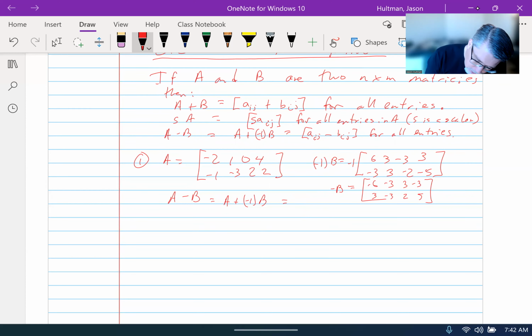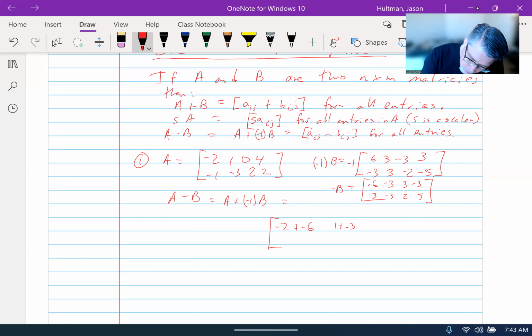Okay, so if I want to take A plus -1 times B, then this will combine into -2 plus the opposite of 6, which is -6. That's my first entry. My second entry in the first row, second column, is going to be 1 plus -3.